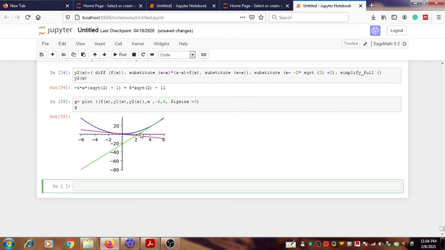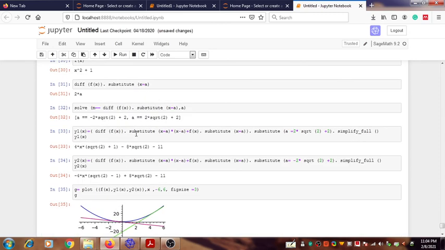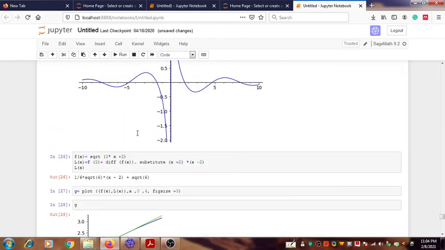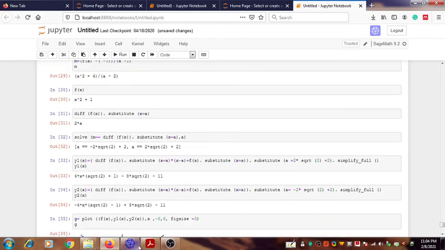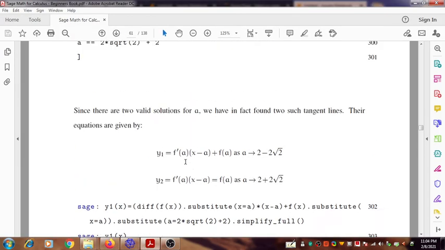These tangents intersect at a point. Correctly, we can say that the two tangents intersect at the point with x value 2 and y value equal to minus 3, as mentioned in the problem.